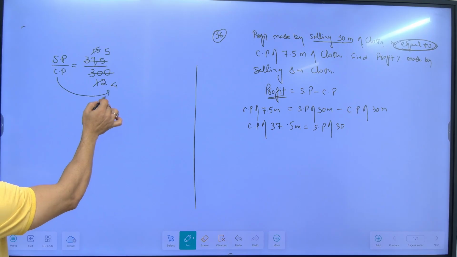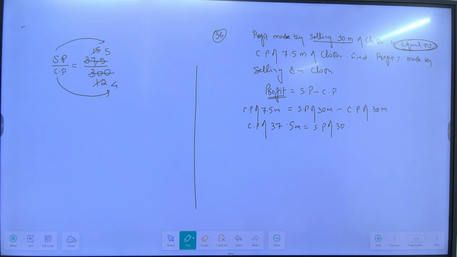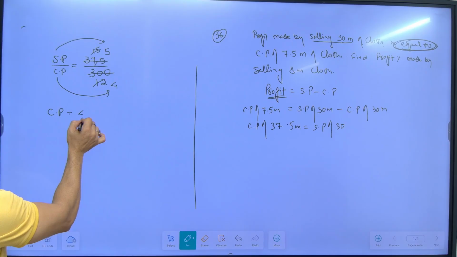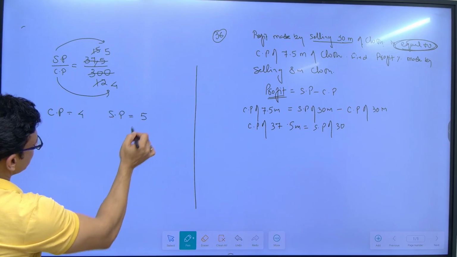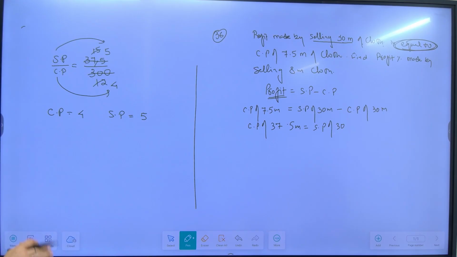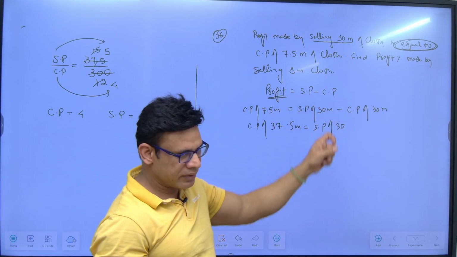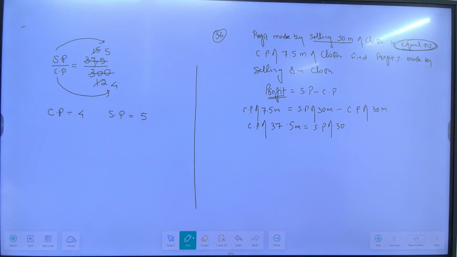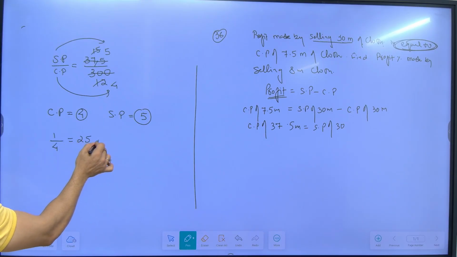So it says that if cost price is 4, selling price is 5. If the question's last line was not there, my answer would have been: you buy something for 4 rupees, sell it at 5 rupees, making a profit of 1 over a base of 4, which is equal to 25%.